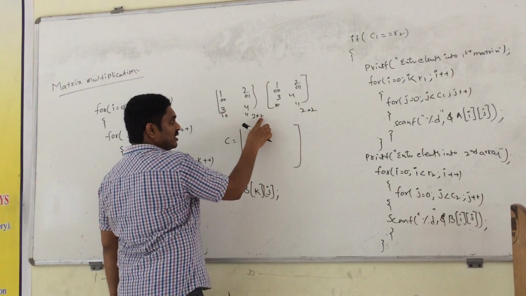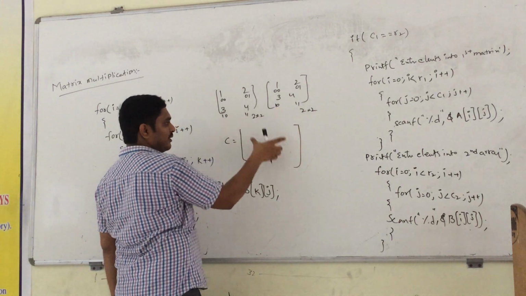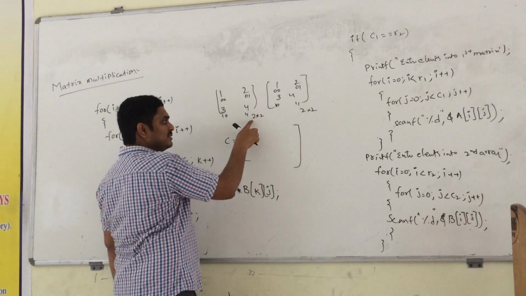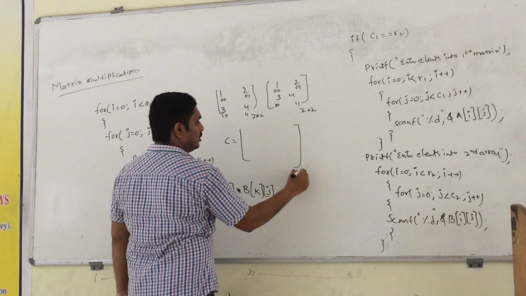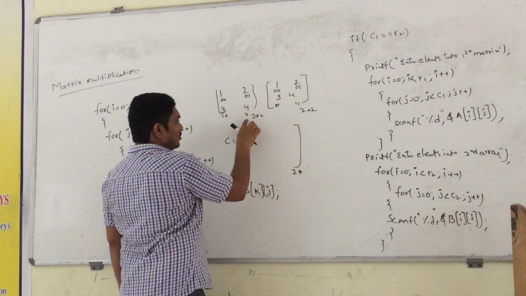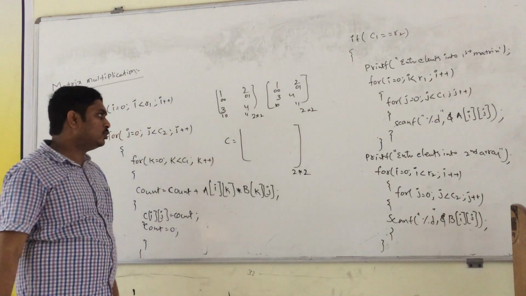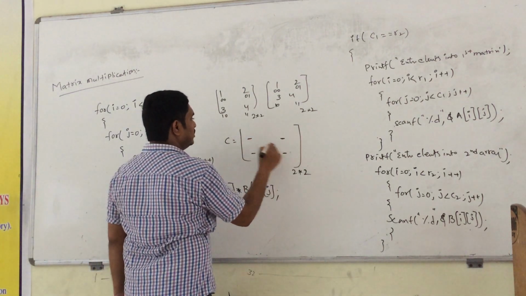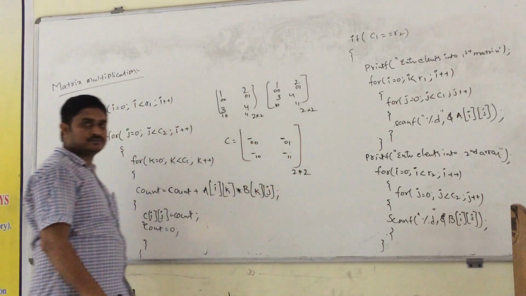The number of columns in the first matrix and the number of rows in the second matrix are the same, hence we can perform the matrix multiplication, and the resultant matrix is of the order number of rows in the first matrix by number of columns in the second matrix. That is a 2 by 2 matrix. That means we can get the 4 values.